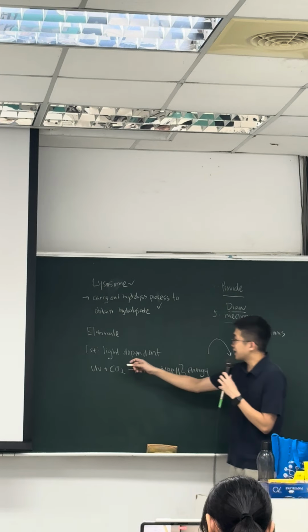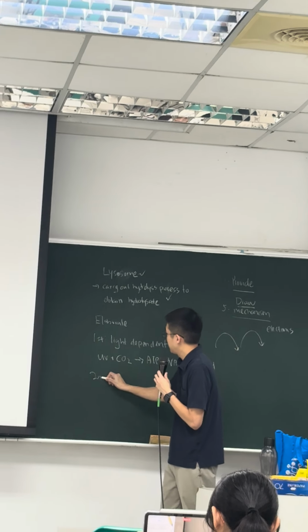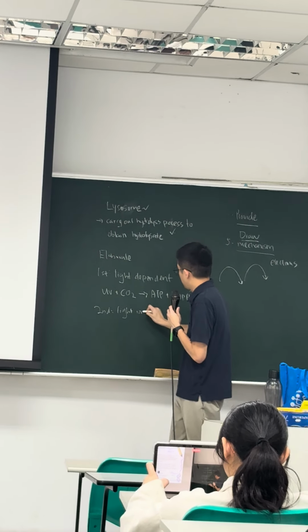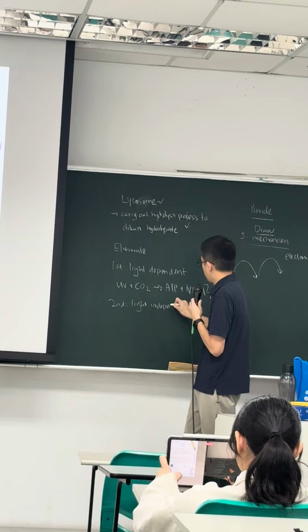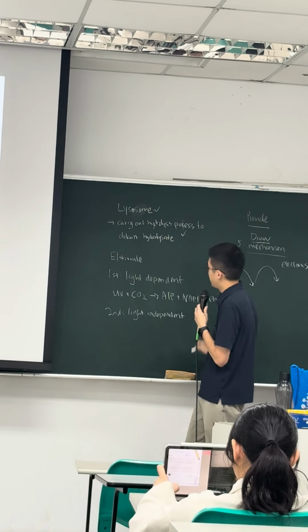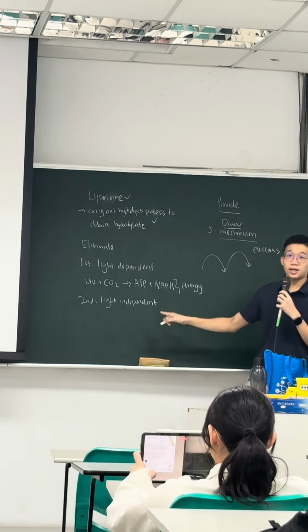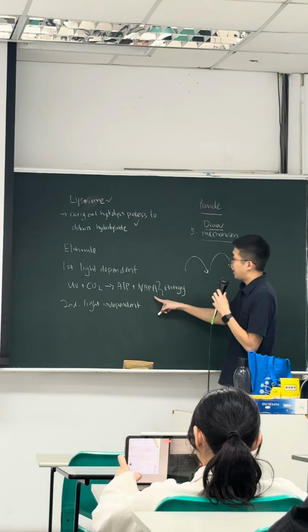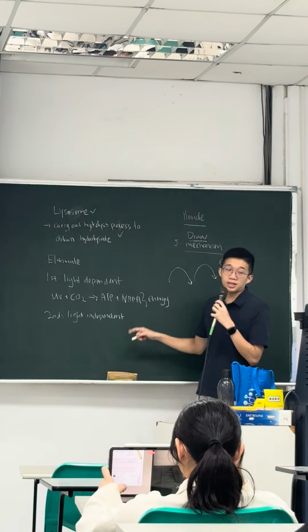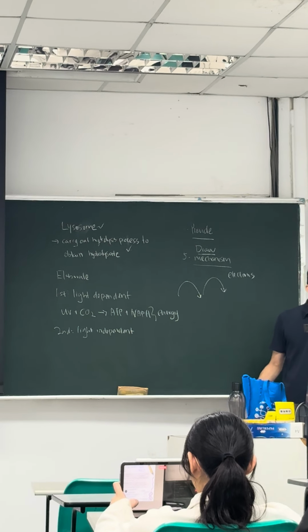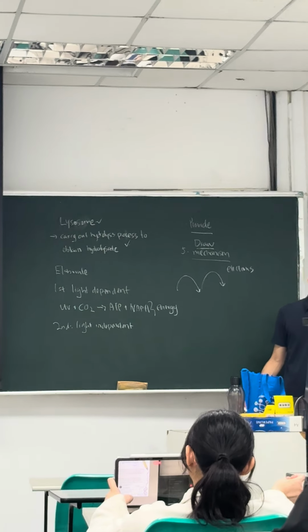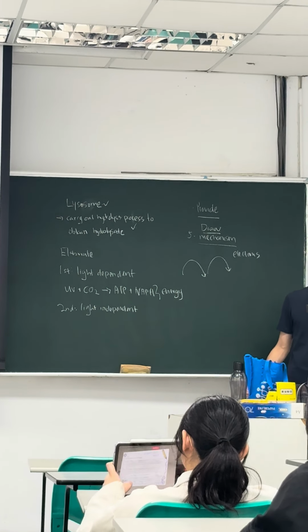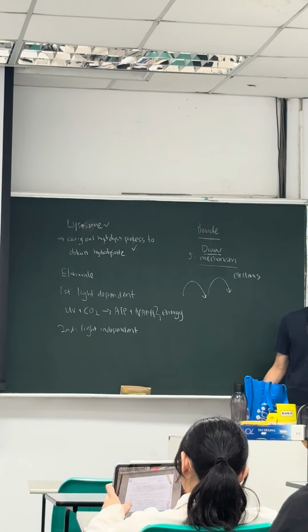So the second stage, then you need to explain light independent. It means no sunlight, you do not need sunlight. Because of the energy received from the system already, the light independent, also known as Calvin cycle, electrons carried by NADPH convert carbon dioxide to carbohydrate.